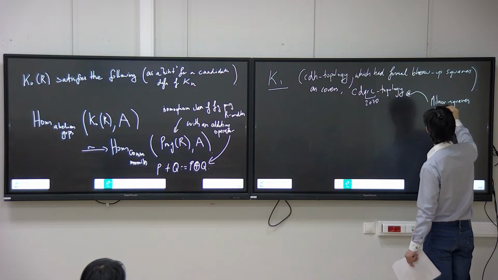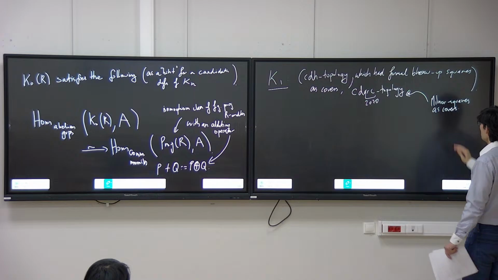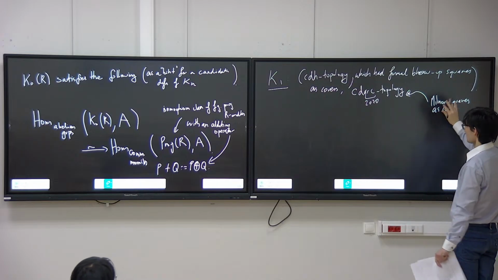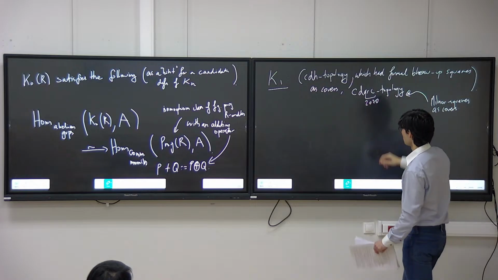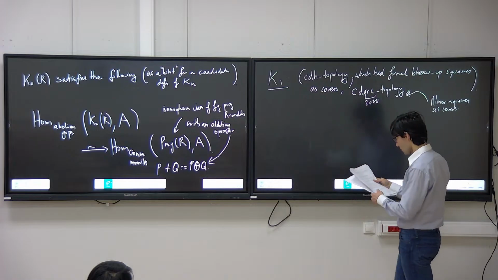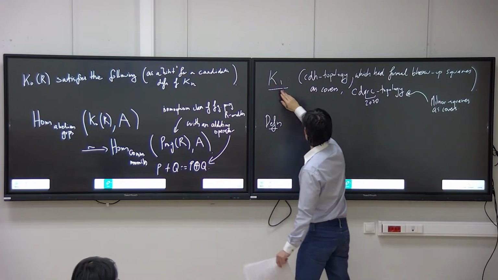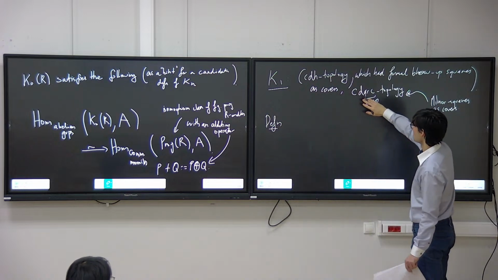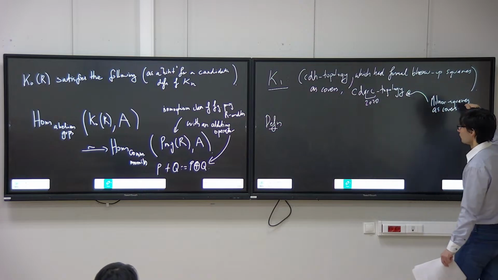But this notion of Milnor square is due to Milnor from way back, not 2020, but it is formalized very nicely in this so-called CD arc topology. In any case, K1 satisfies descent for this huge CD arc topology, and in particular for Milnor squares.